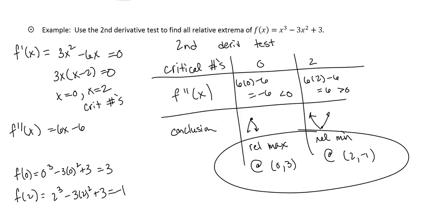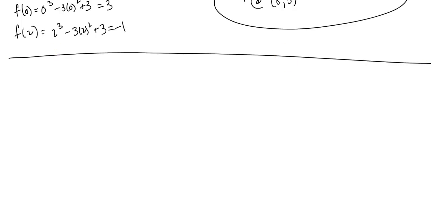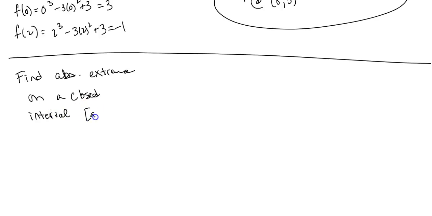Now I do want to caution you because I know that these problems are starting to sound very similar. So if you're asked to find the absolute extrema on a closed interval from A to B, you can figure out how to do that from section 3.1.